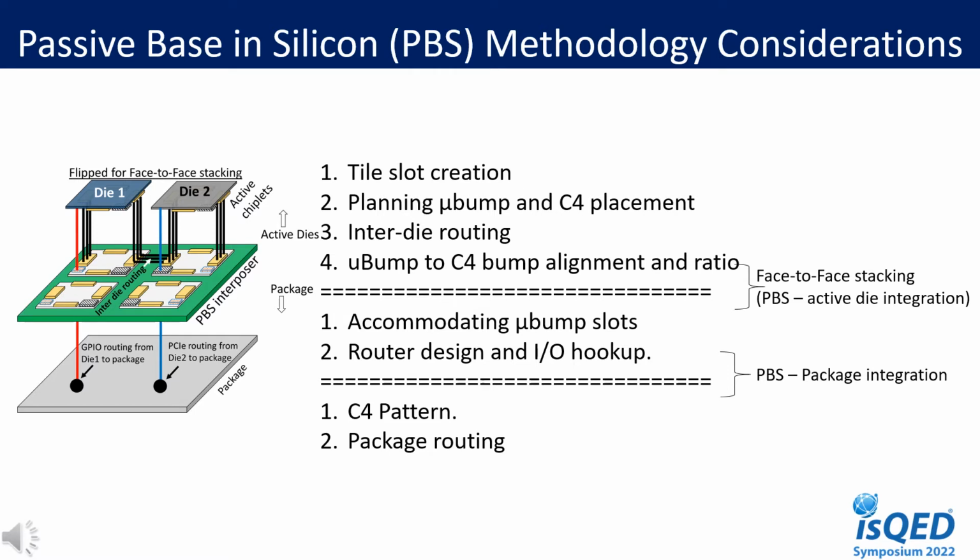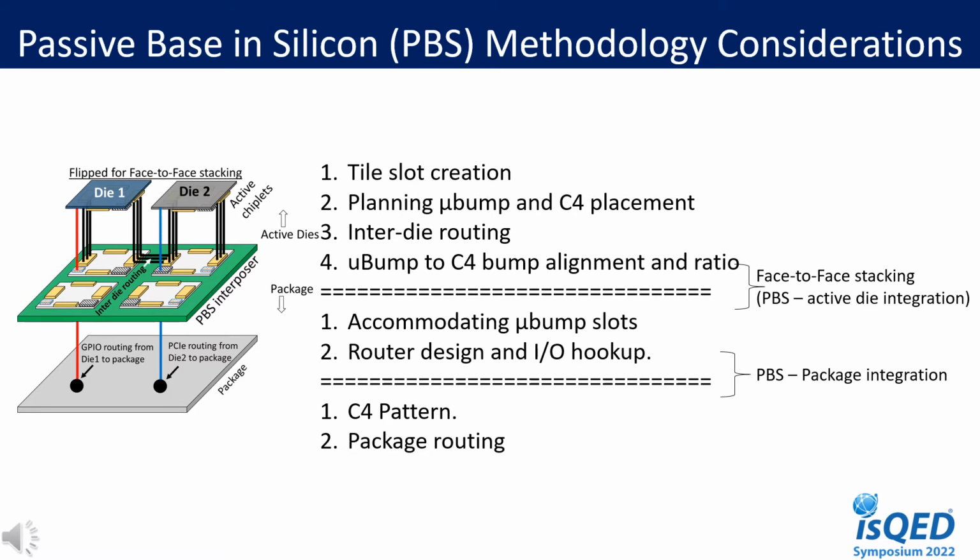Therefore, from the methodology point of view, we split the design into two phases. Phase one is designing the active dies, following some of the methodology rules we set from the PBS perspective, and the second phase is looking at the PBS and the tile slot, which I'll explain in the next slides, building the package and the package routing itself.